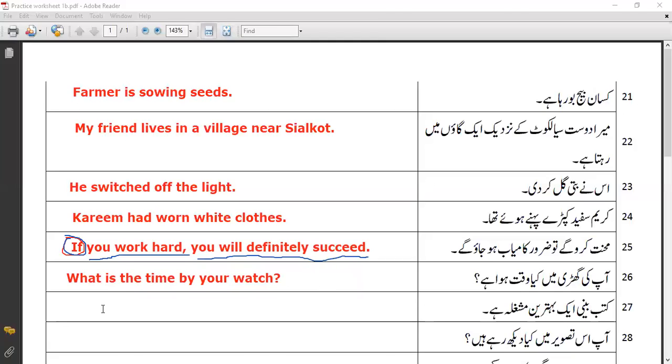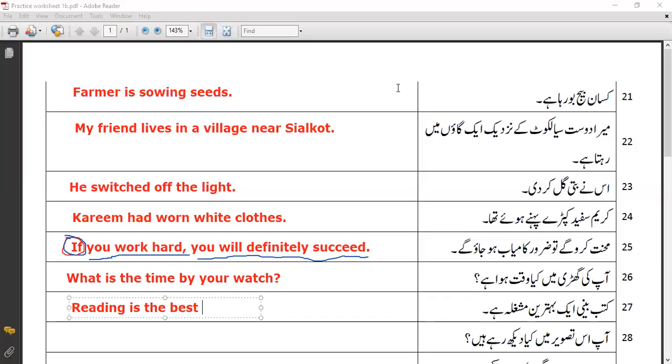Coming to the next one, कुतुब बीनी एक बेहतरीन मशगला है. Okay, कुतुब बीनी is very simple, reading. बेहतरीन मशगला, that means you can use a superlative degree, the best.